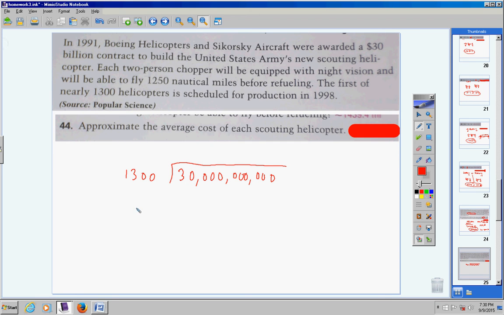I'm getting this right here for an answer: 23,076,923.08. And they put for their answer about 23 million. Just approximate the average. So about 23 million is how much one helicopter cost. That's a lot, okay? It better be able to do some great things.